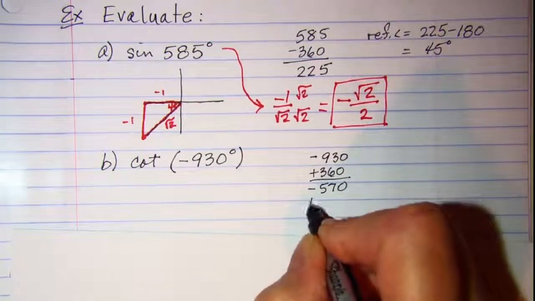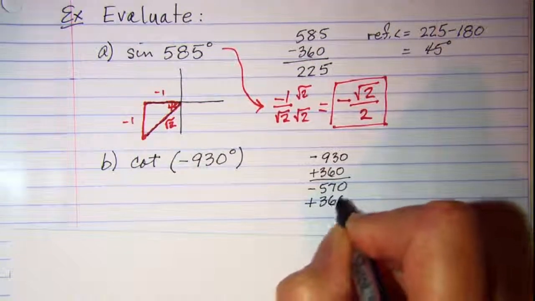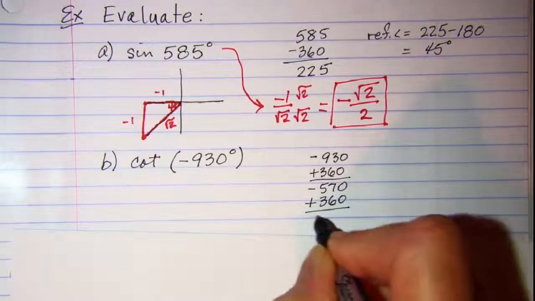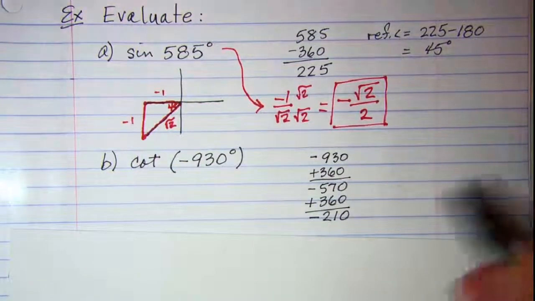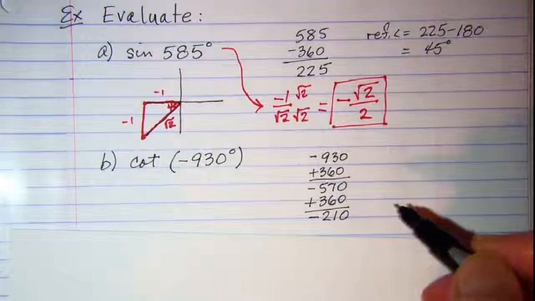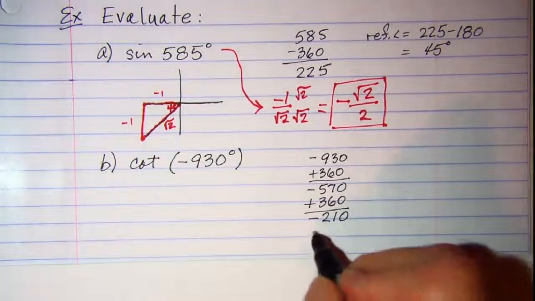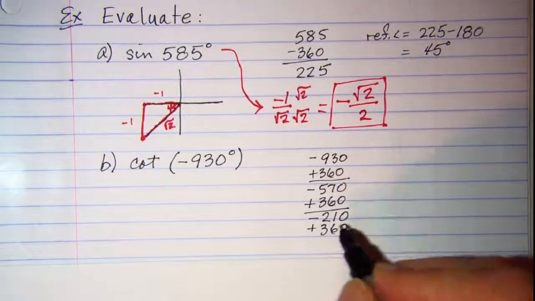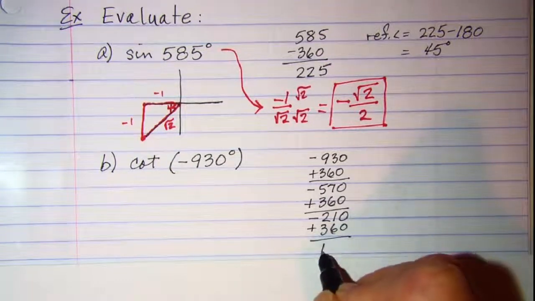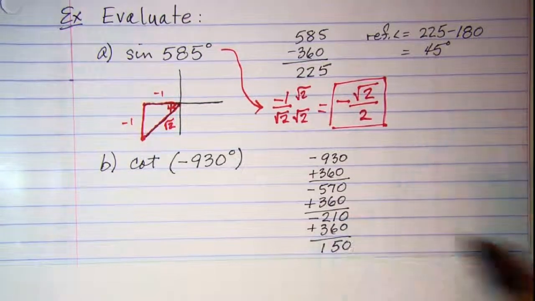And then if we add another, that is a negative 210. And we could go with that, or we could add another revolution and get our positive coterminal angle, which is 150.